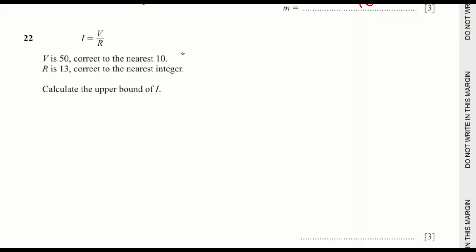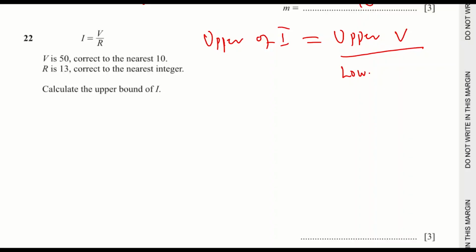So the upper bound of I equals the upper bound of V, divided by the lower bound of R. Okay, so this is what you need to take note of.